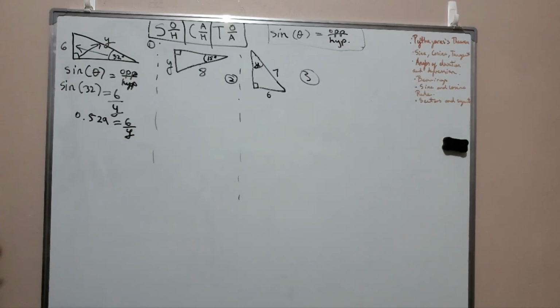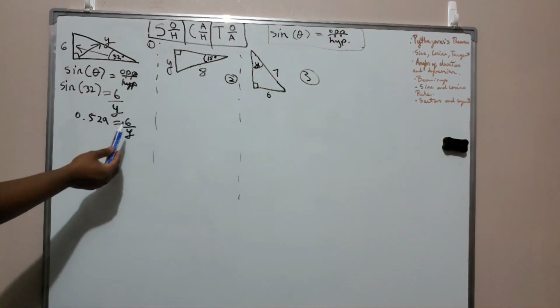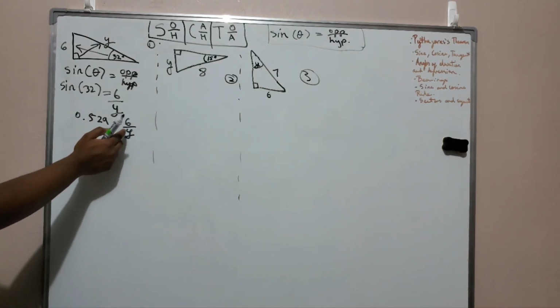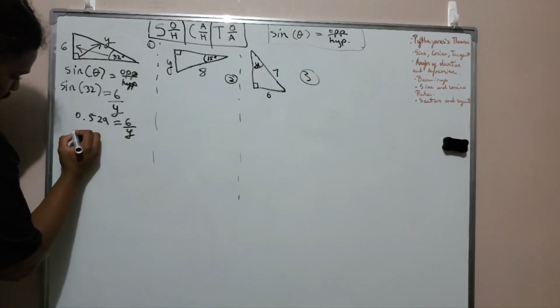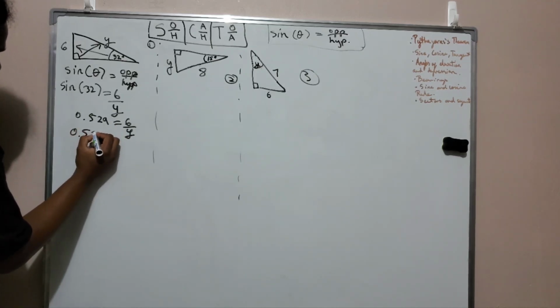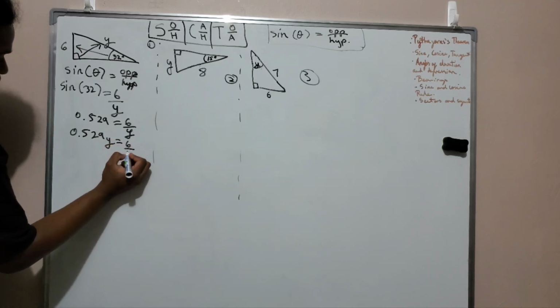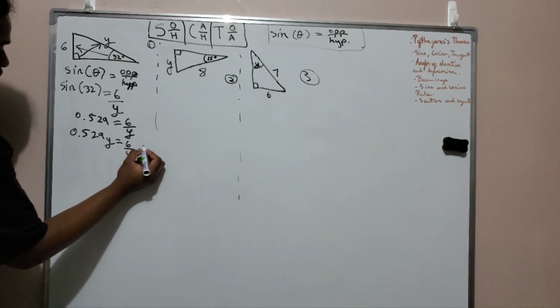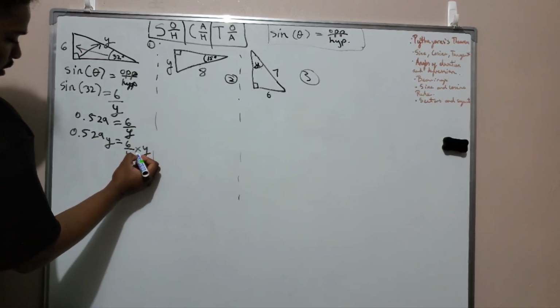But we're trying to get y alone. So let me multiply everything by y, so we can get y out of the denominator. We get 0.529y is equal to 6 over y multiplied by y.